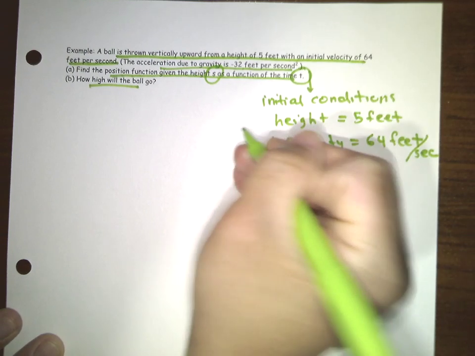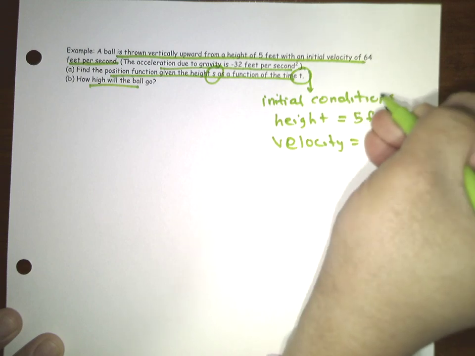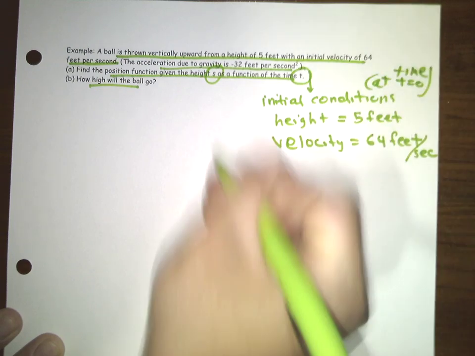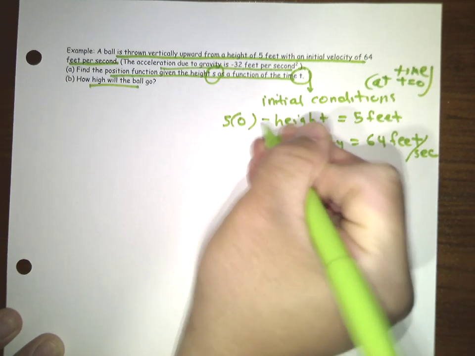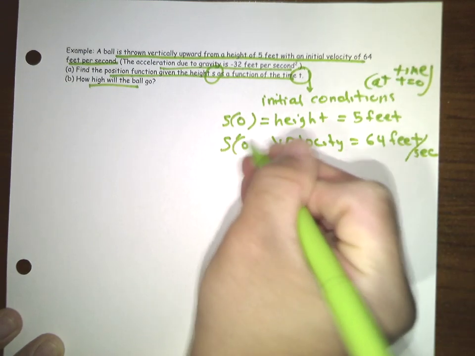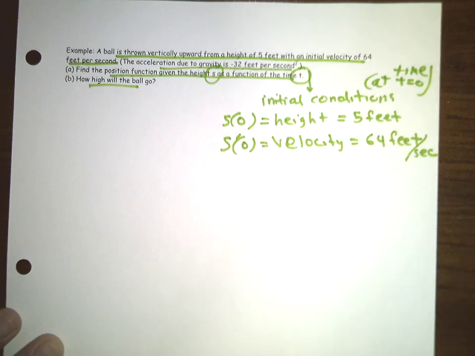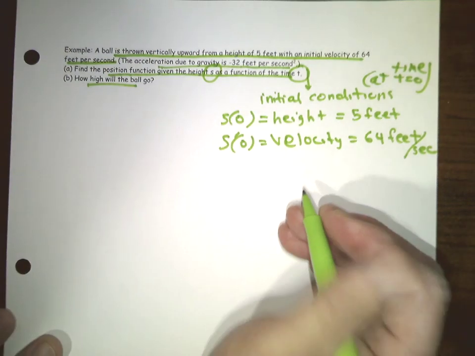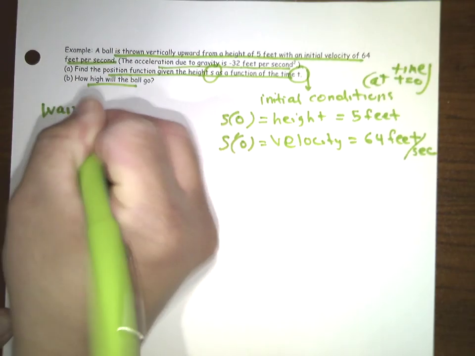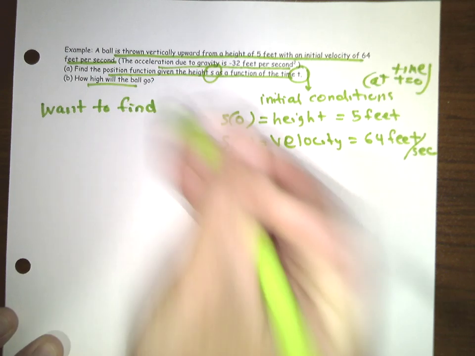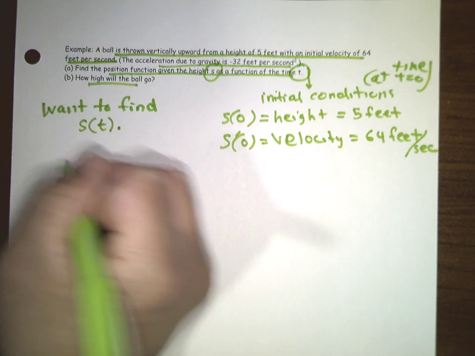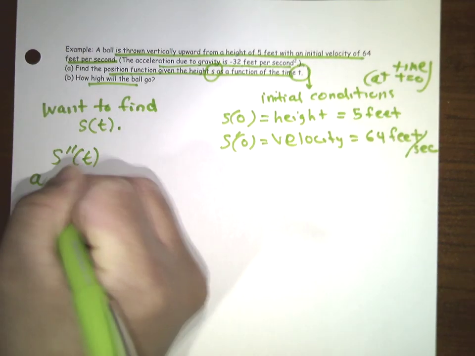So this means that essentially initial means at time t equals 0. All right, so this will be s of 0 is 5 feet. S prime of 0 is 64 feet per second. But now we know that the function that we want to find is going to be s of t. So that's what we want to find, but they tell us s double prime of t, the acceleration.